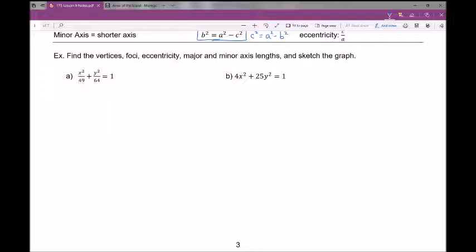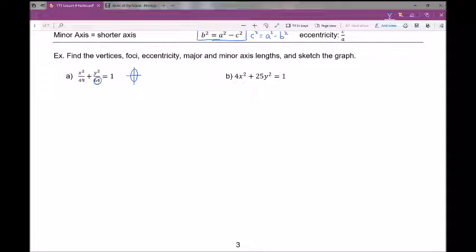First of all, you want to determine your major axis. Here we notice that the denominator of 64 is bigger than the denominator of 49. So that's going to tell us that our ellipse is oriented vertically. We're going to get something that looks like that.